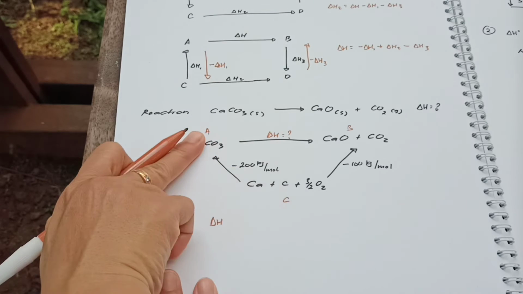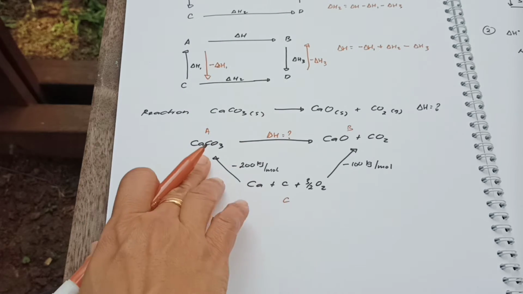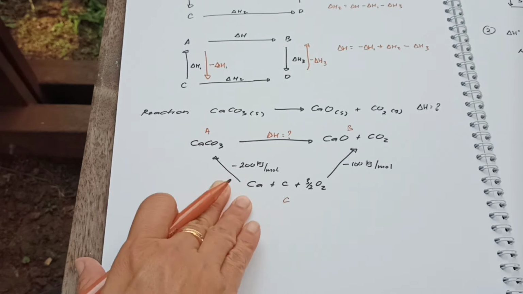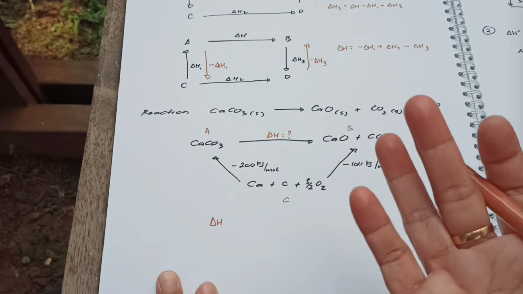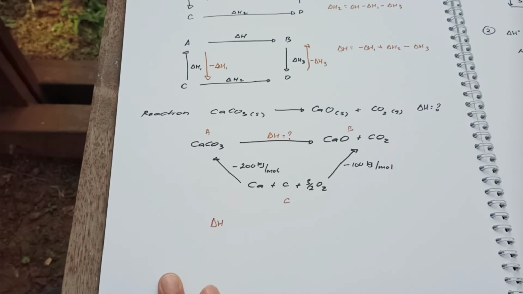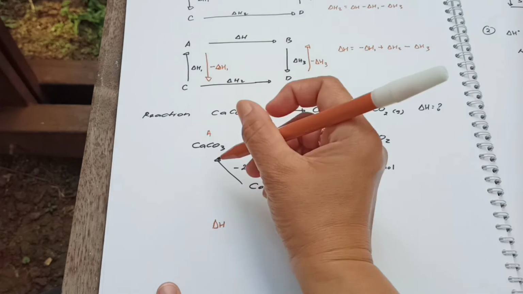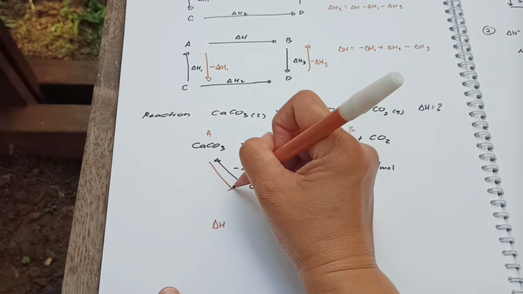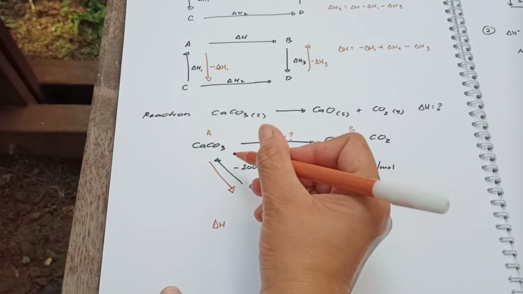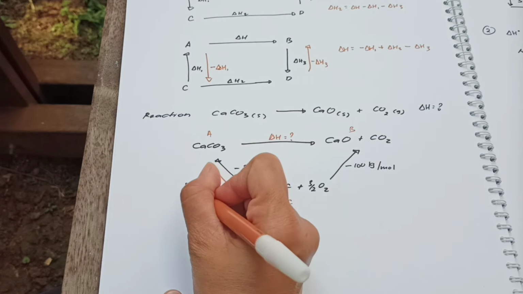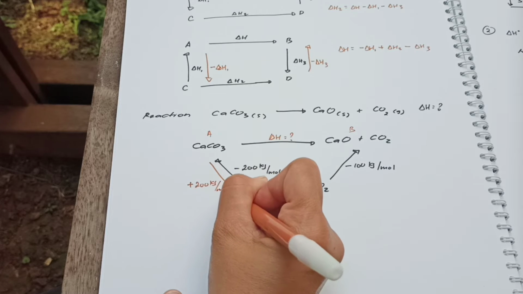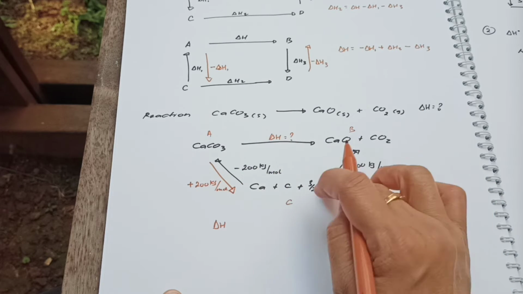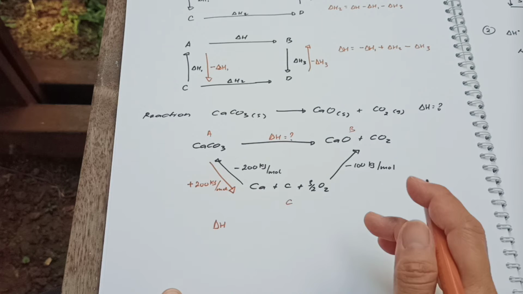Now, from A to C, as you can see, it goes the other way around. The problem is giving you the wrong delta H or wrong enthalpy. So you need to fix it by fixing the arrow, which then fixes the enthalpy to become plus 200 kilojoule per mole. This one is the same direction, so you don't have to change it.